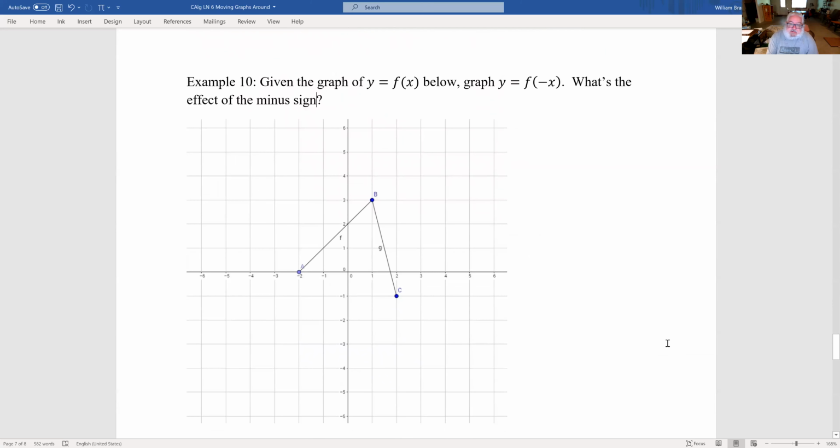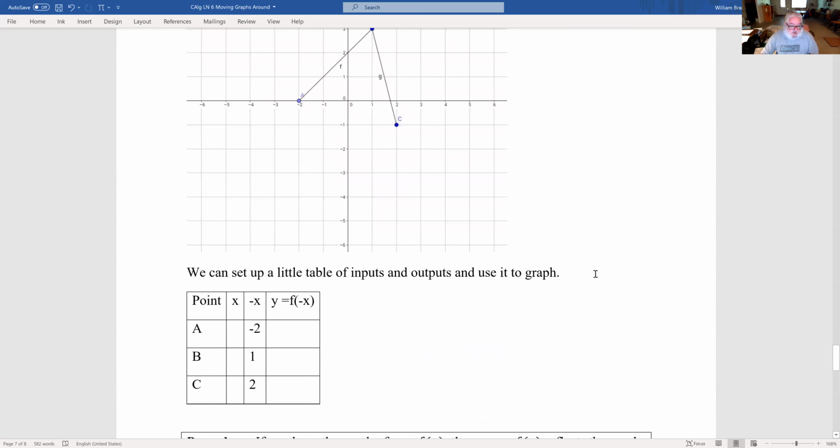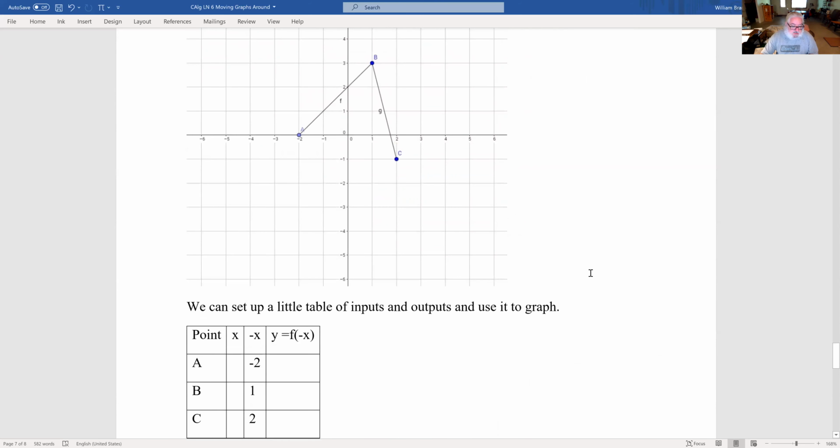F of -x, this is inside the function. This will just flip it over the y-axis, right? Because it's going to flip it left and right because it's inside the function. So what do we get? If -x is -2, then f of a is 0, 3, and -1. Those are the usual numbers for A, B, and C. But if -x is -2, what does x have to be?